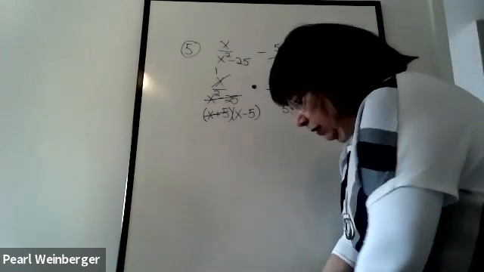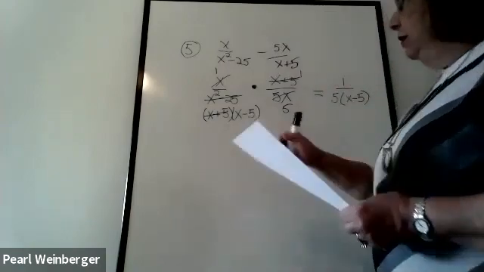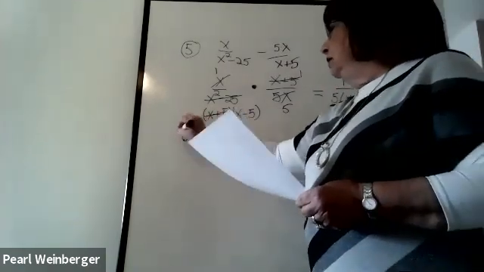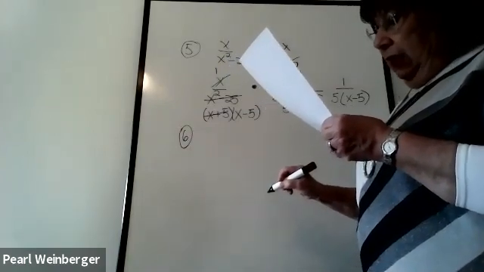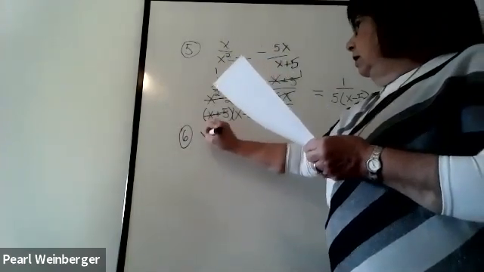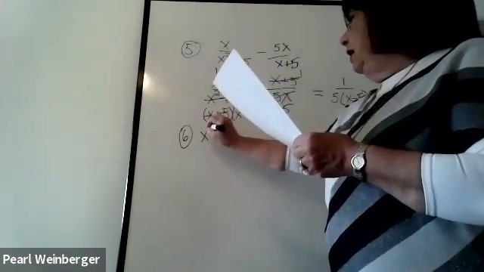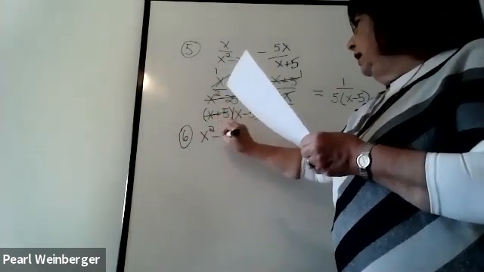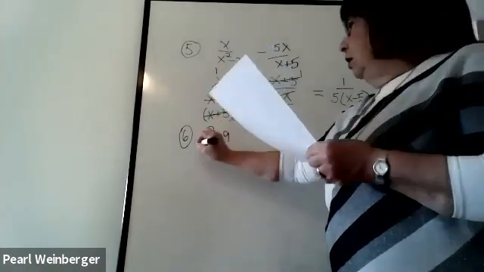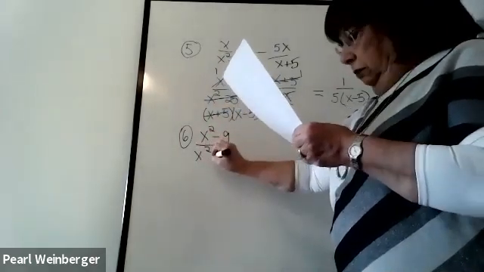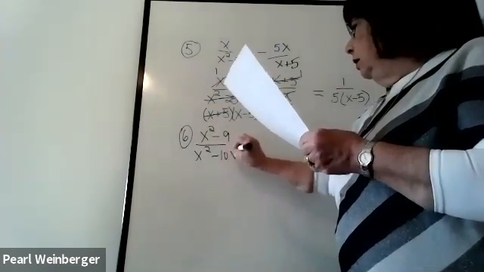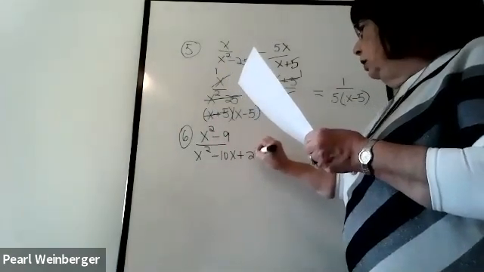And the last question that I had asked you to do, number 6, again, it says, perform the indicated operation, x squared minus 9 over x squared minus 10x plus 24.